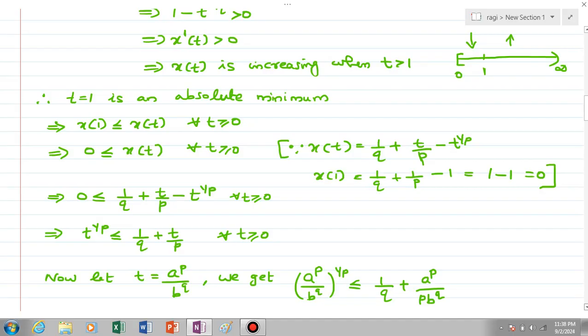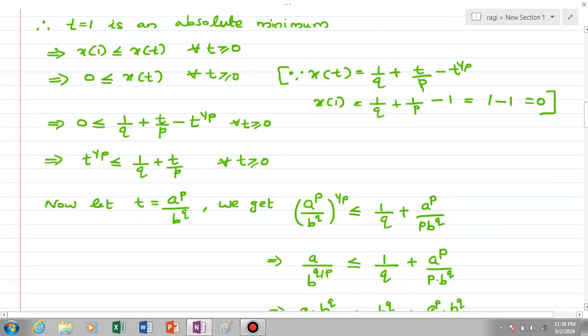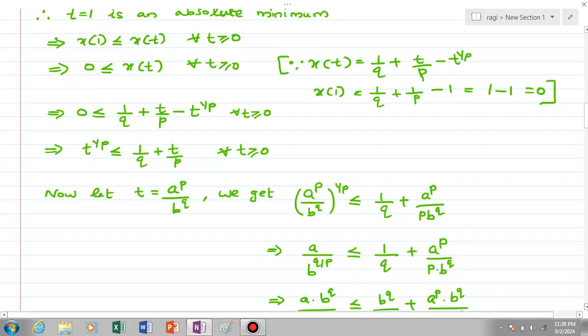So we get (a^p/b^q)^(1/p) ≤ 1/q + (a^p/b^q)/p. That is, a/b^(q/p) ≤ 1/q + a^p/(p·b^q).